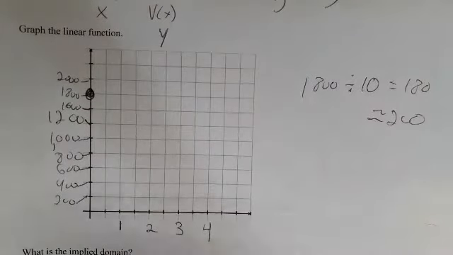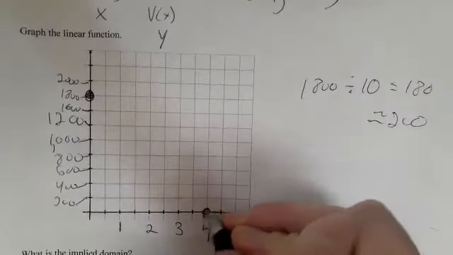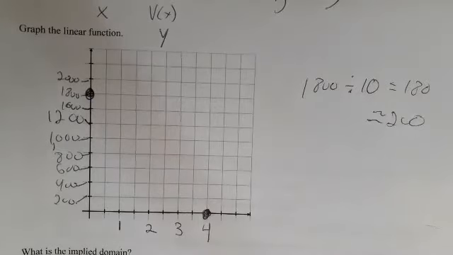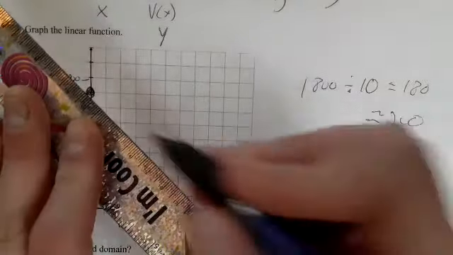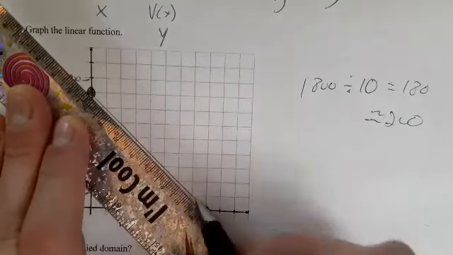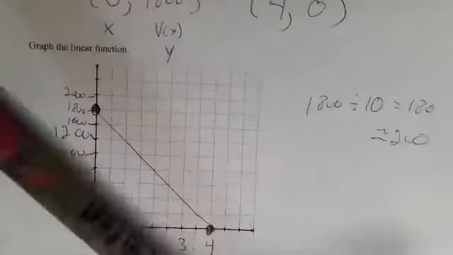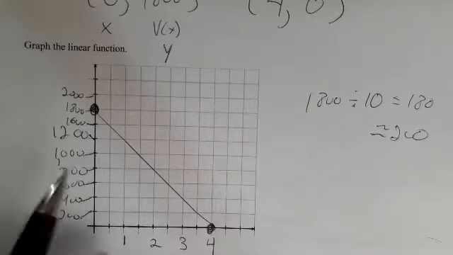So I know one point is 0, 1800. The other is 4, 0. And this is what's referred to as straight line depreciation. It starts off at a value of 1800.